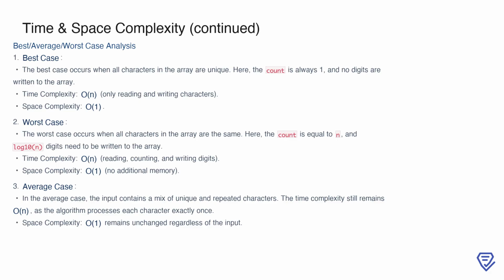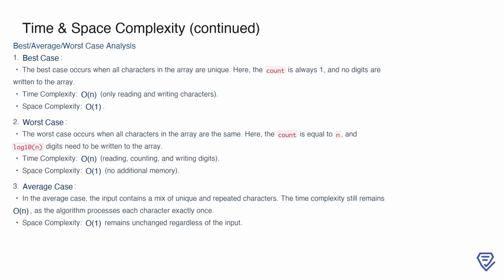The count in this scenario would equal n, and we would need to write log10(n) digits to the array. Even in this case, the time complexity remains O(n), as each character is processed exactly once, and the space complexity is still O(1). In the average case, which involves a mix of unique and repeated characters, the algorithm behaves similarly.